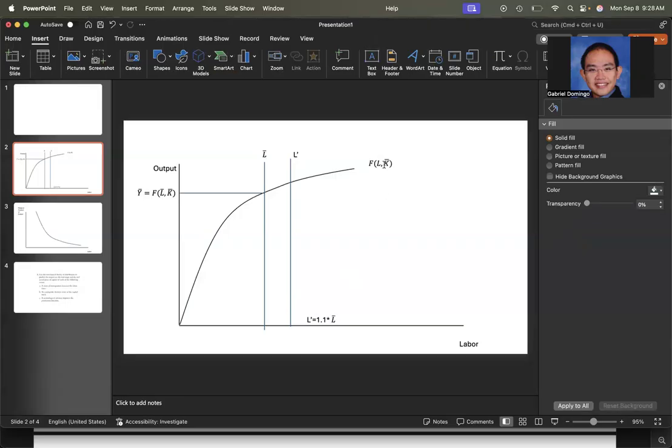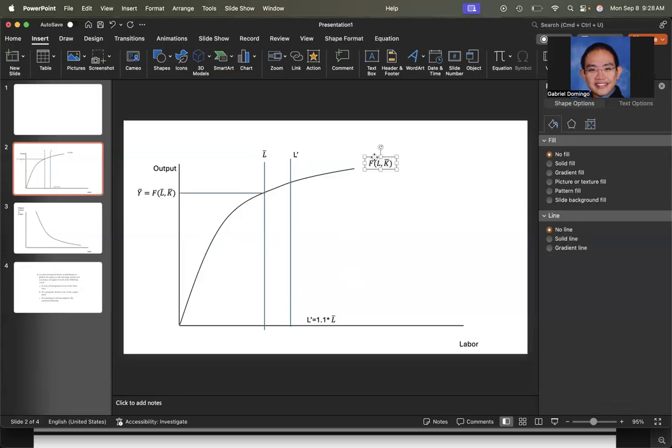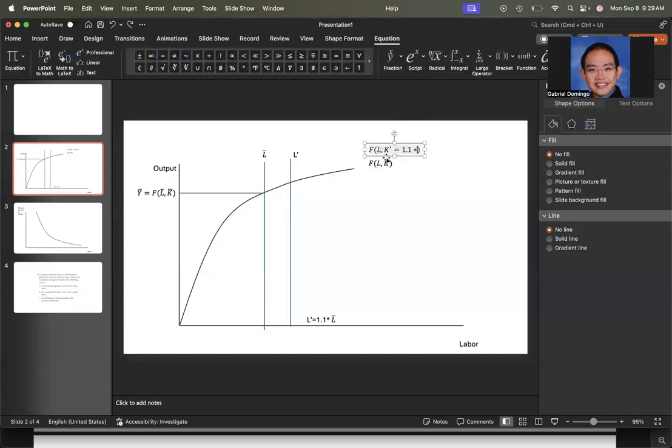Now K will also move up to the new one. Therefore, this will become not K bar, but K prime, which is basically the same as 1.1 star K bar. There.